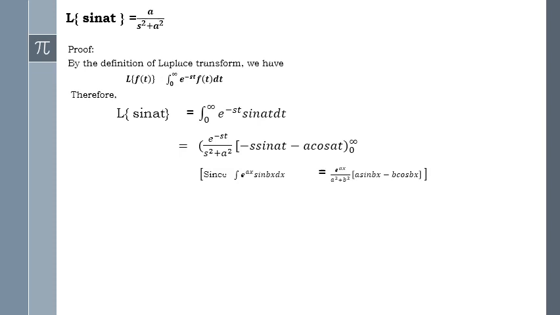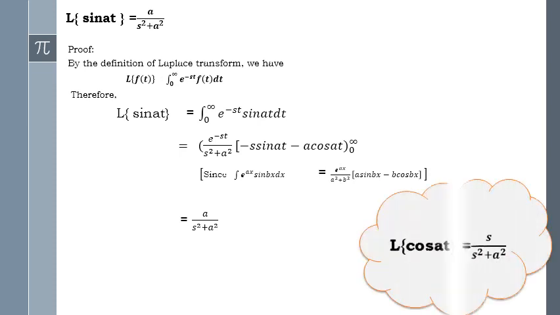Using the formula integral e power x sin bx dx, we integrate and write it as e power minus st by s square plus a square into minus s sin at minus a cos at between the limits 0 to infinity. Applying the limits, we get the answer as a by s square plus a square. So L of sin at is nothing but a by s square plus a square.